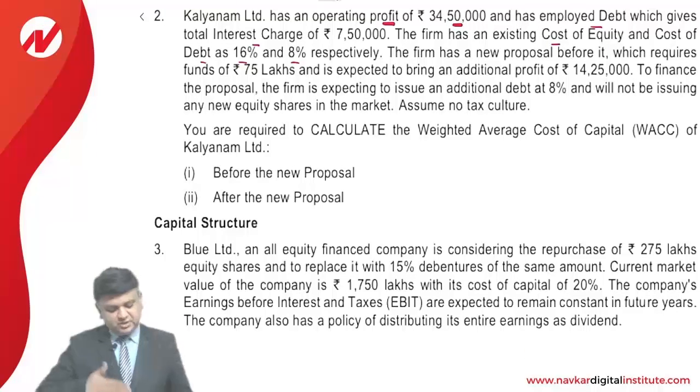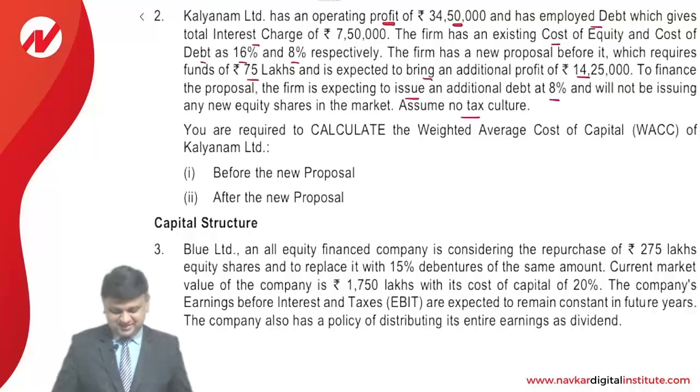The firm has a new proposal before it, which requires funds of 75 lakhs and is expected to bring an additional profit of 14,25,000. To finance the proposal, the firm is expected to issue additional debt at the rate of 8% and will not be issuing any new equity shares in the market.